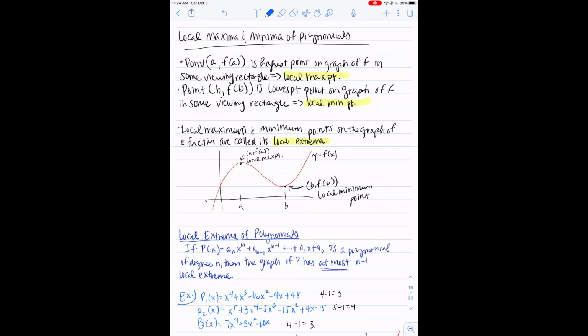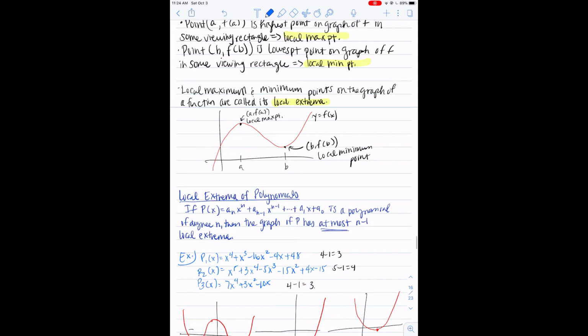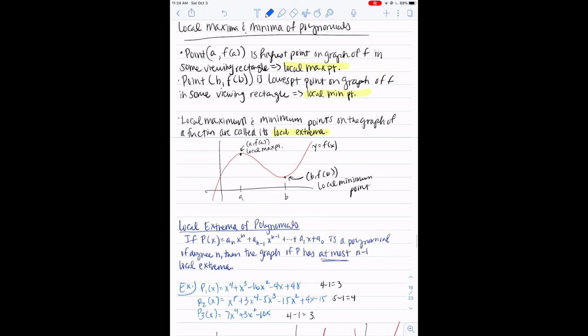The point B, f of B, is the lowest point on the graph of f in some viewing rectangle, so that's a local minimum point. Local maximum and minimum points on the graph of a function are called local extrema.